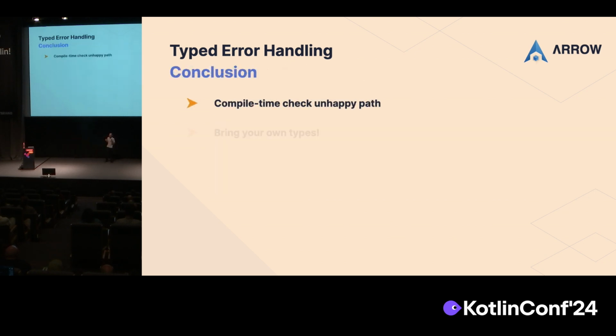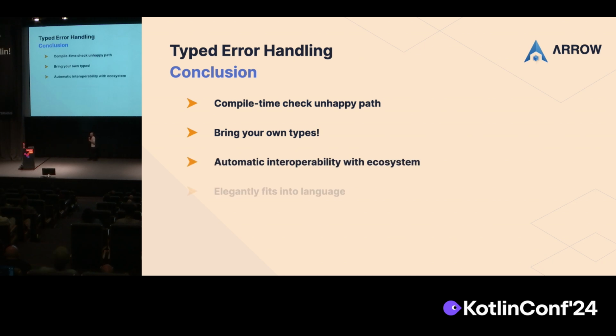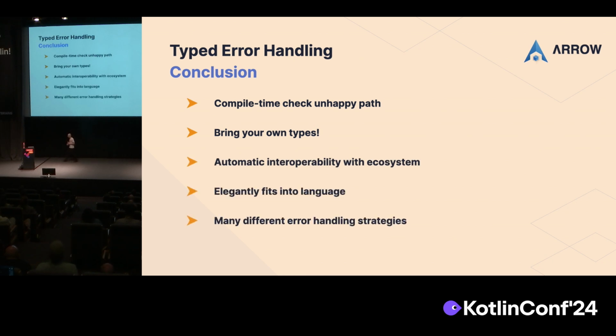So, to conclude, typed error handling is really powerful, and it allows you to compile-time check errors in your unhappy path if and when you want to. You can bring your third-party types, so you can also define DSLs on top of race for your own types. It brings automatic interrupt with the rest of the ecosystem thanks to the cancellation exception contract in the Kotlin language.